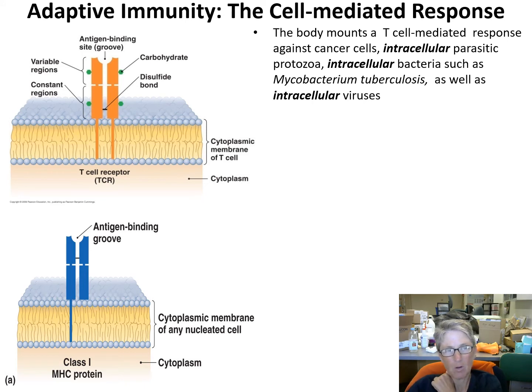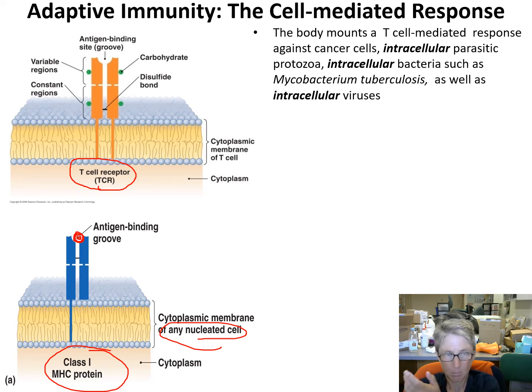So again, here's our T cell receptor, and here's our class 1 MHC protein. Remember, if this cell, any nucleated cell in your body, got infected and chopped up the pathogen, put one of the pathogen's epitopes right here, and then this T cell receptor, bound to a T cell, recognized it.